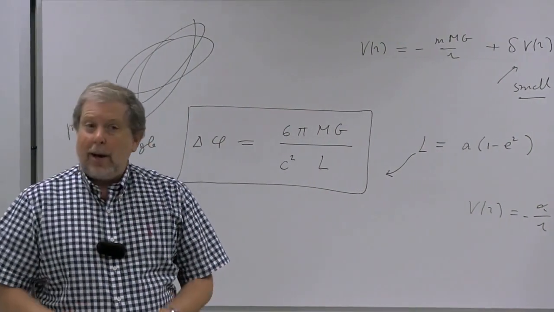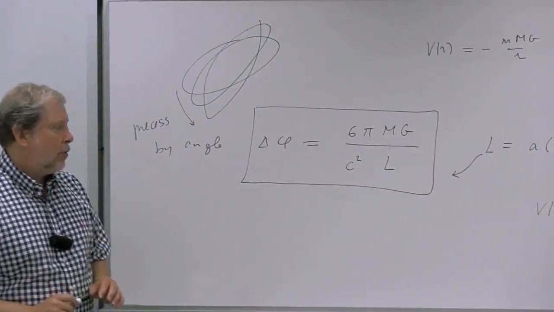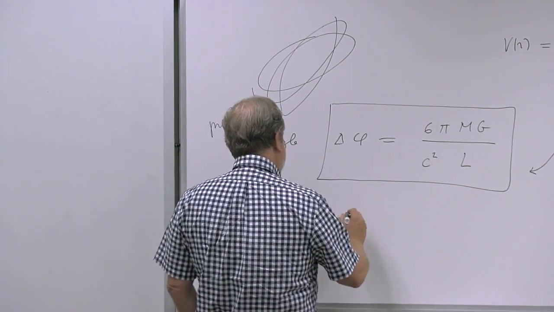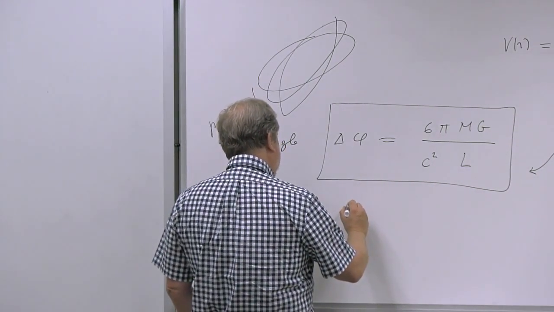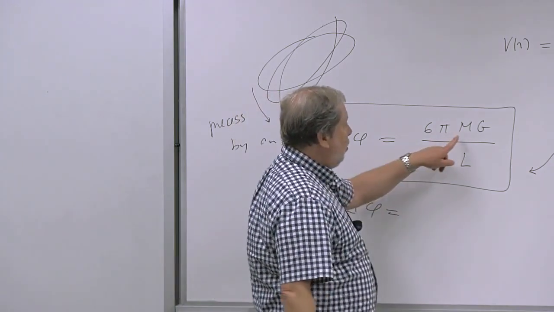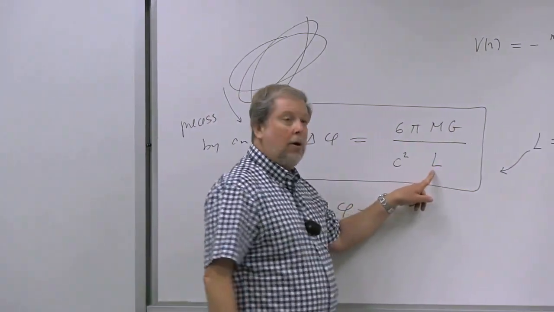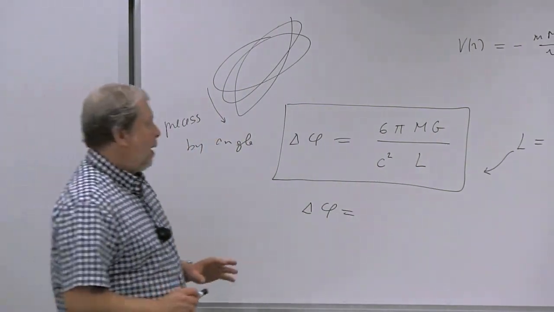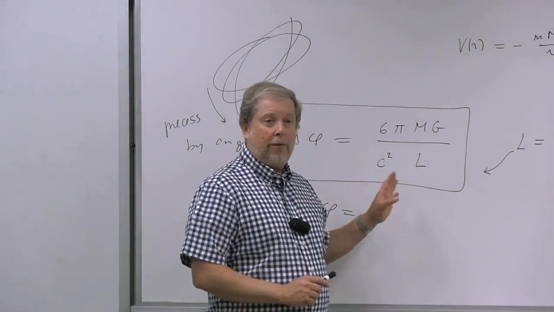So now at this stage, this agrees pretty well, right? Because you can work out what this answer is. All you need to know is the mass of the sun, the gravitational constant, and the parameters for the orbit. And the parameters for the orbit are known, for example, for Mercury.